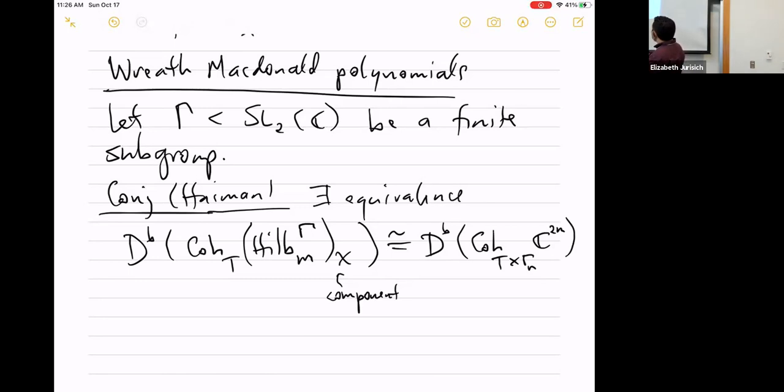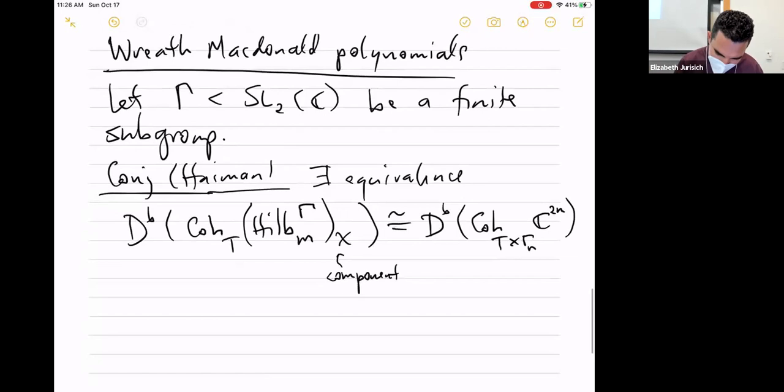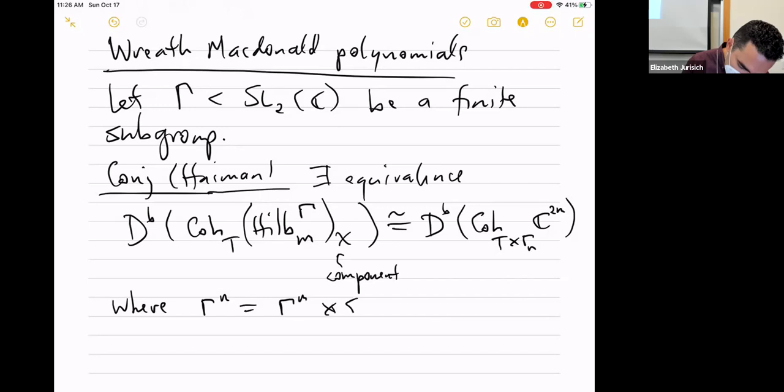But Gamma_n is a wreath product group. You could think of these as maybe colored permutations, so permutations which are somehow colored by this finite group. And this turns out to be much more difficult.